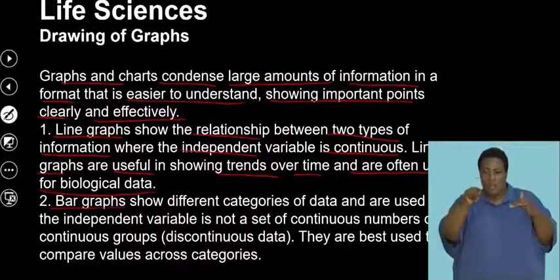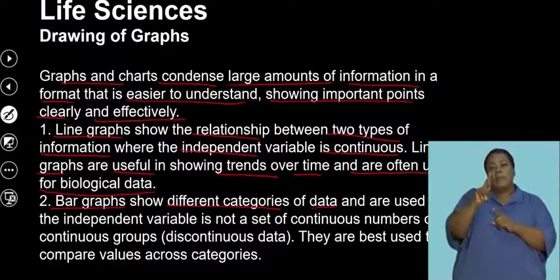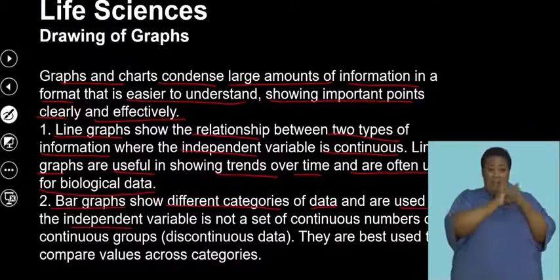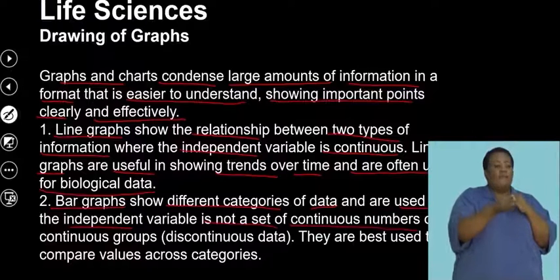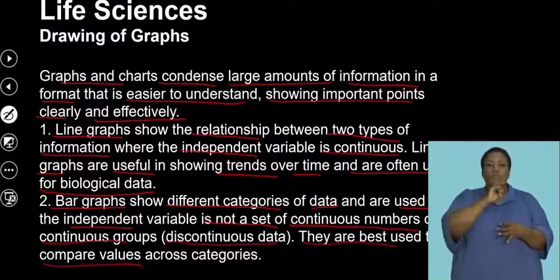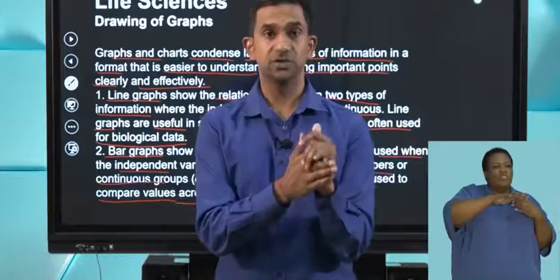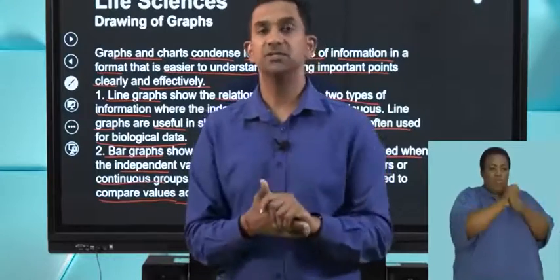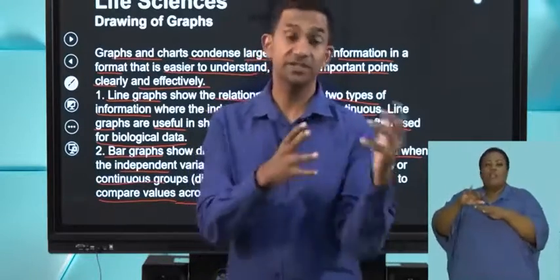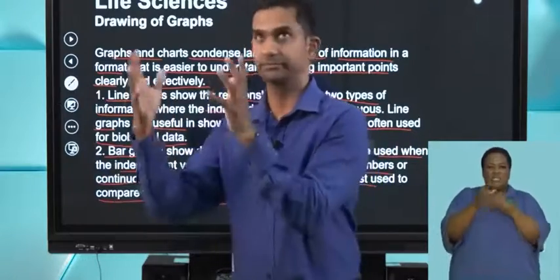We also know that bar graphs show different categories of data, as I mentioned, and are used when the independent variable is not a set of continuous numbers or continuous groups. We refer to that as discontinuous data. They are best used to compare values across categories. For example, the average number of individuals in grade 10 compared to the average number of individuals in grade 11 that are 13 years or 14 years.